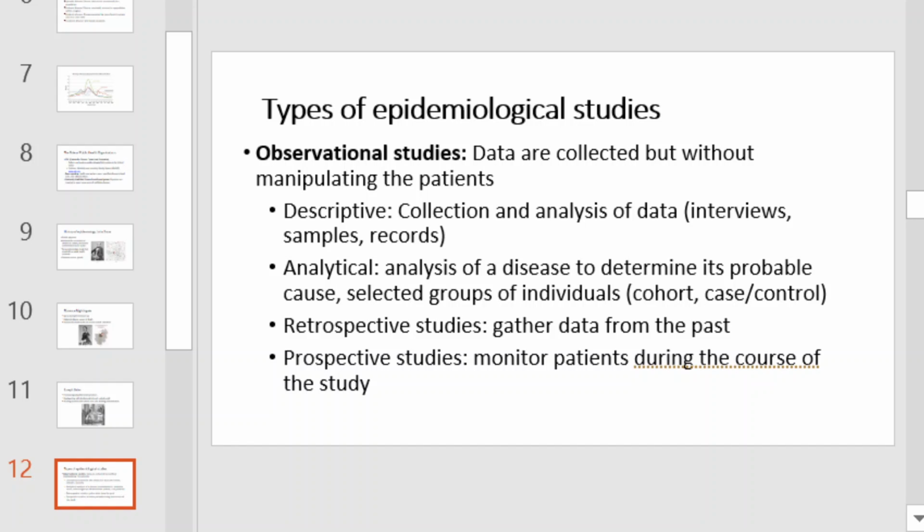In a descriptive study, the collection and analysis of data through interviews, samples, and records is recorded. In an analytical study, the analysis of a disease to determine its probable cause, selected groups of individuals or cohorts are studied. In a retrospective study, we gather data from the past. In a prospective study, we monitor patients during the course of the study.